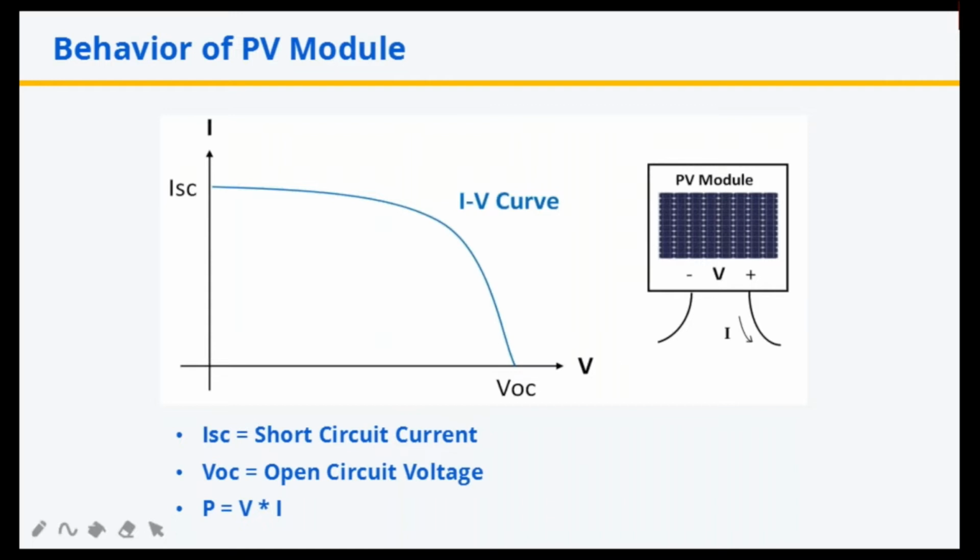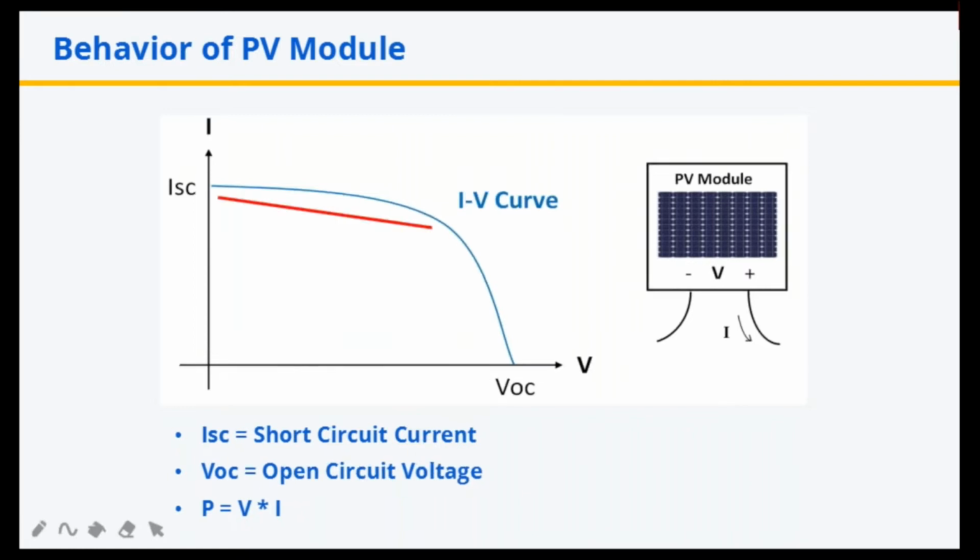The IV curve is a graph that shows how the current delivered by a module varies as a function of the output voltage. You can see that the current decreases slightly as the voltage is increased up to a certain point, and then it starts decreasing rapidly till it becomes zero.